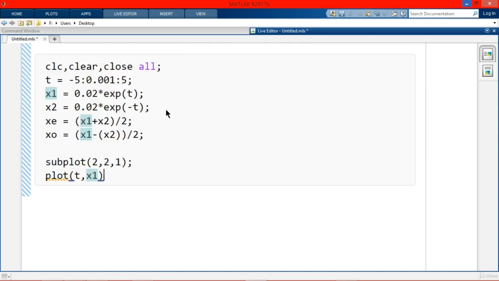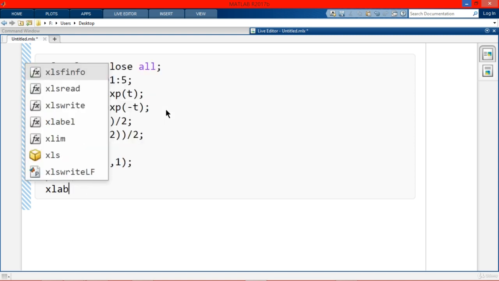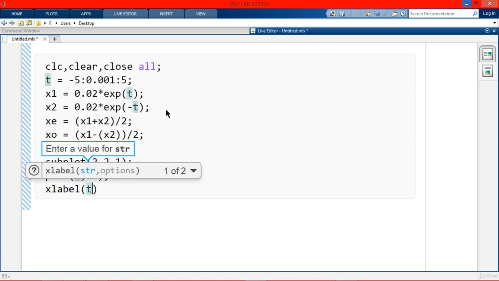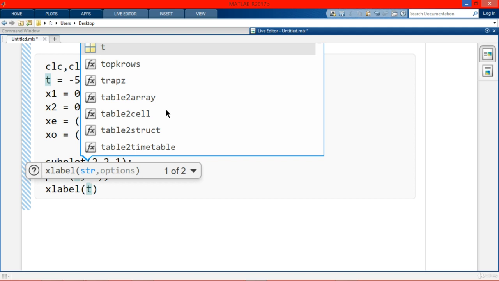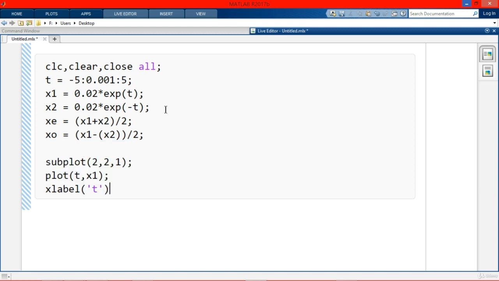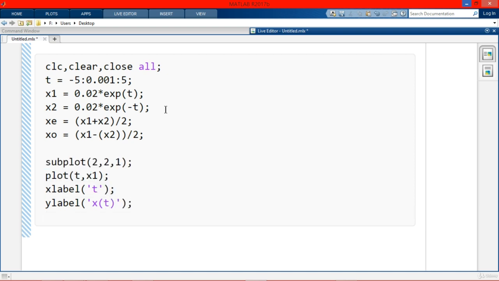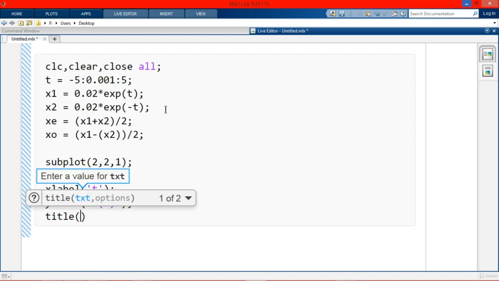We are considering time on the x-axis, so give it a tag of t by using the function xlabel. And for ylabel, we have our signal, so take x of t on the y-axis, like this. And since we are plotting x1, which is our pure signal, give the title of signal x of t.